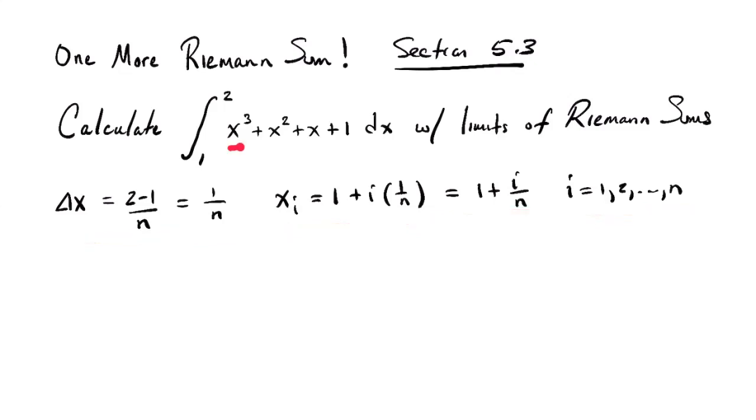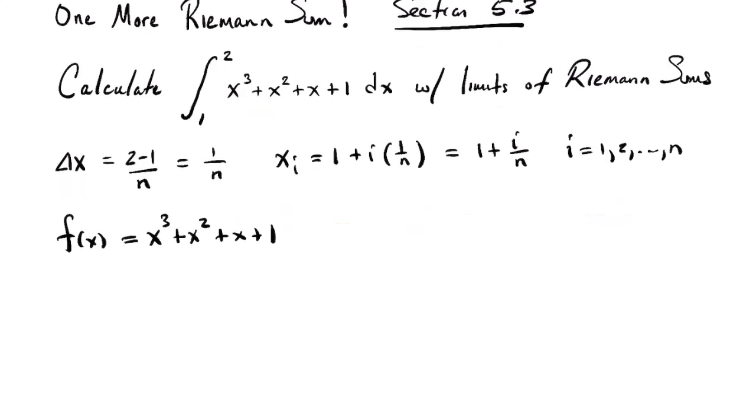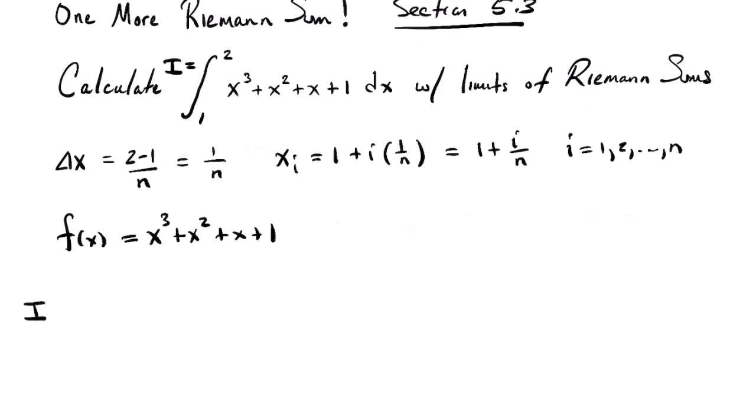Because now we have to take that thing and plug it into that function. I'm going to give it a name so I can be consistent in my notation. That function, the sum of these squares and cubes and so on, let's call it f of x. So in our Riemann sum, the integral, which I'm just going to be a little bit lazy and denote by I, so I don't have to write it again and I give myself some more room to calculate.